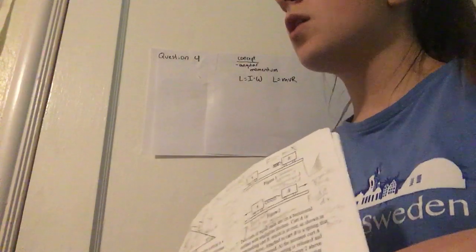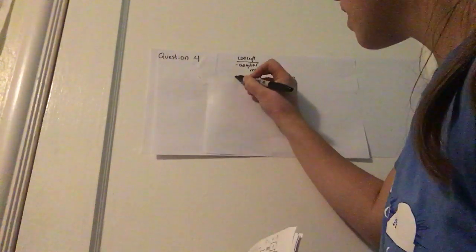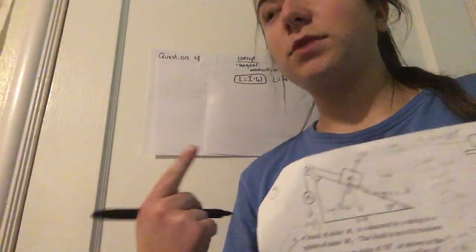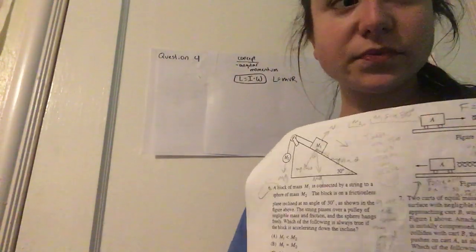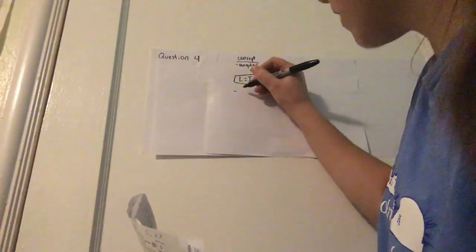In this question, we will be dealing with this type of angular momentum, which is just an object rotating around itself. The second important concept in this video is conservation of angular momentum.